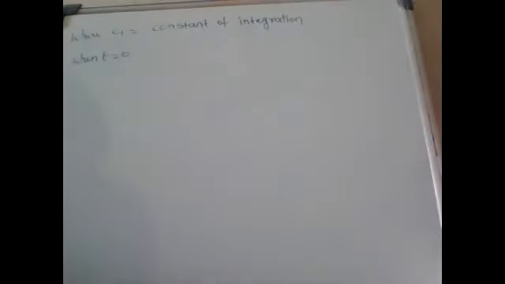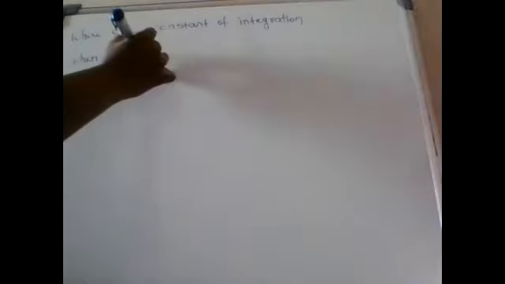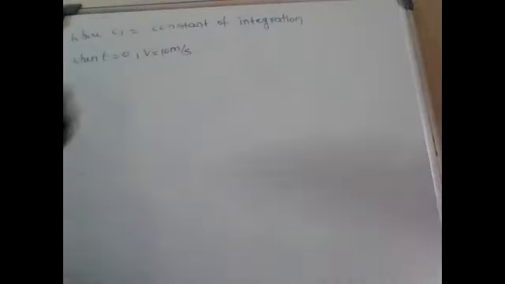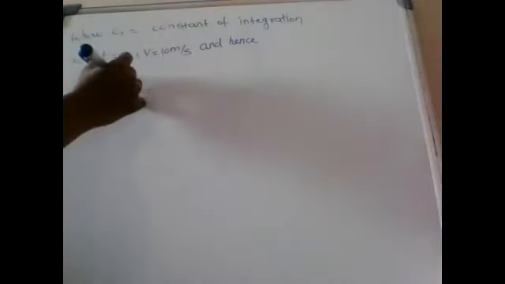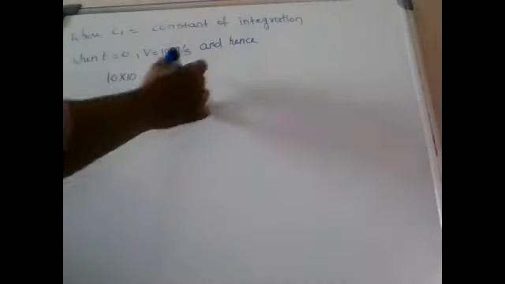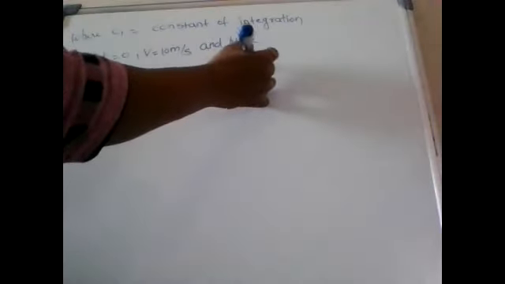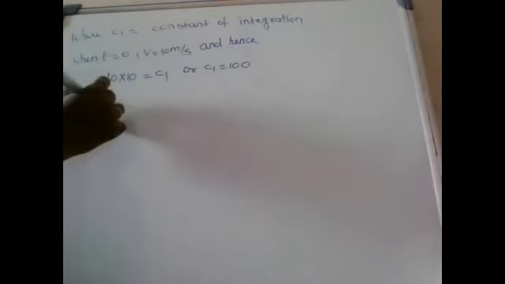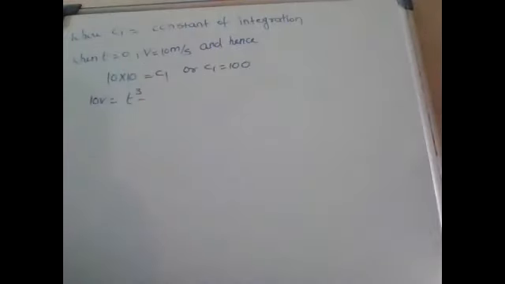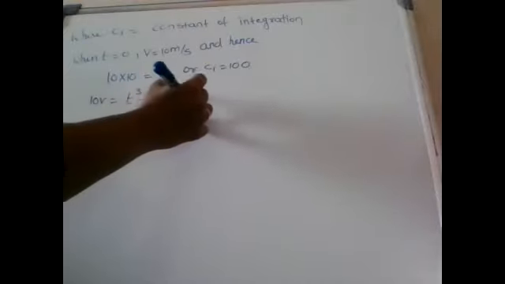When t equal to 0, v equal to 10 meter per second, and hence 10 into 10 equal to c1, or c1 equal to 100. Here 10v equal to t cube minus 32t plus 100.